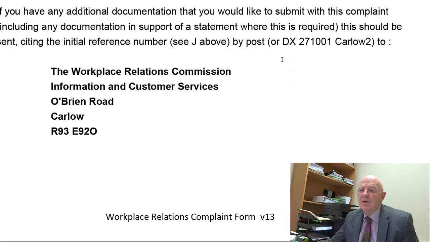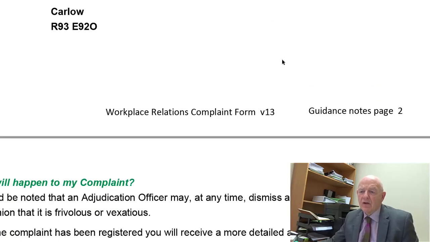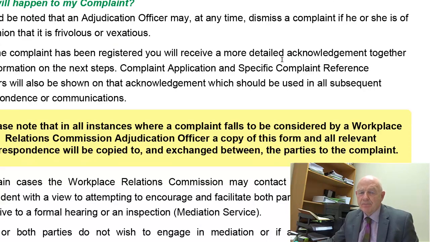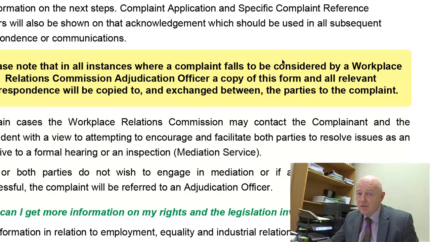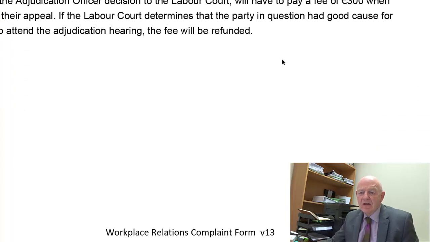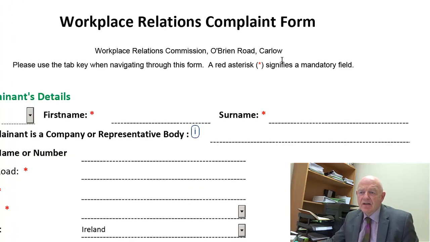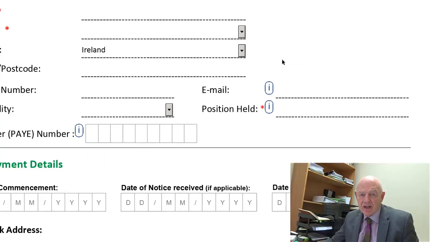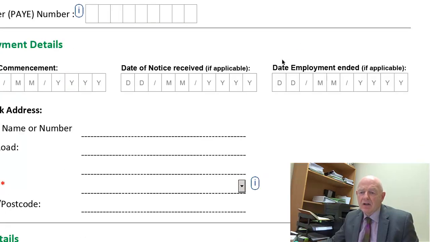But there is a problem with the form when it comes to the Protected Disclosures Act 2014 and the penalisation aspect of any claim. As you can see here on the screen, you'll see the Workplace Relations Commission form, complainant's details, date of commencement and so on. Forget about all that stuff for the moment.